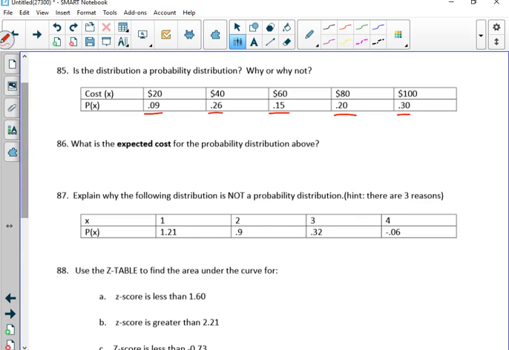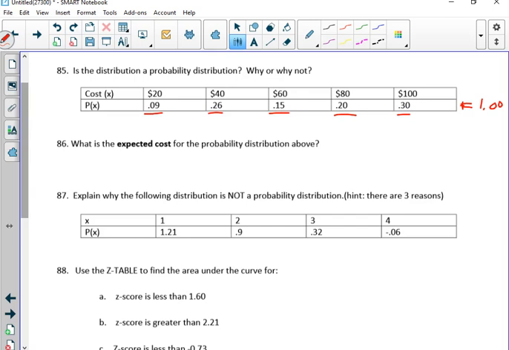If I add them up, 26 cents and 9 cents is 35, plus 15 is 50, 60, 70, 80, 90, 100. They equal 1.00. So yes, it is a probability distribution.